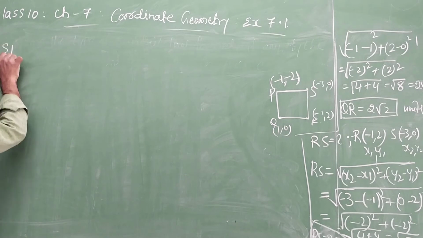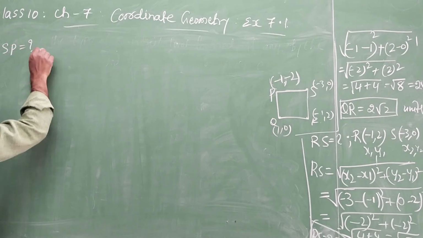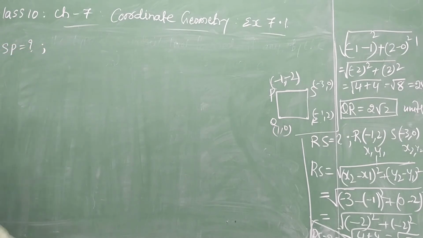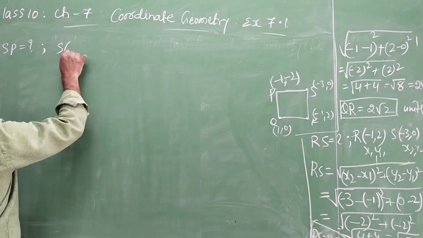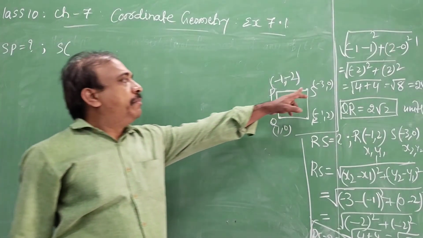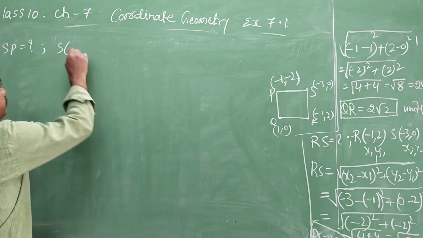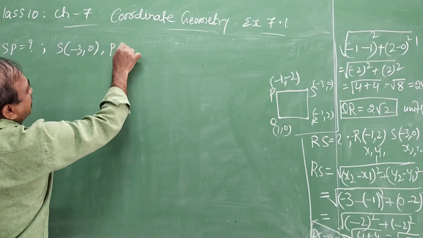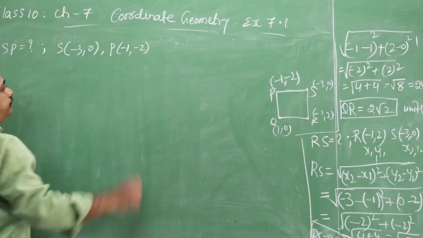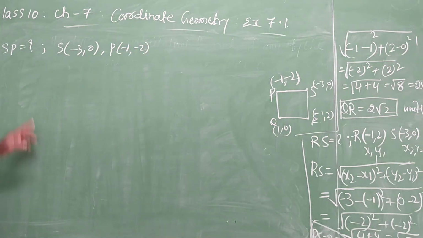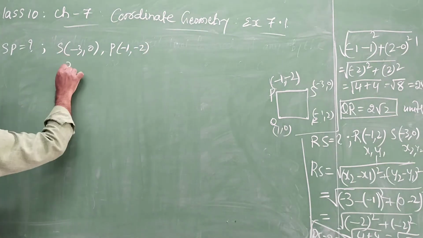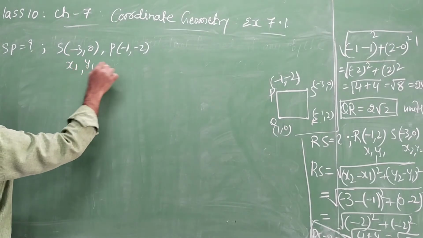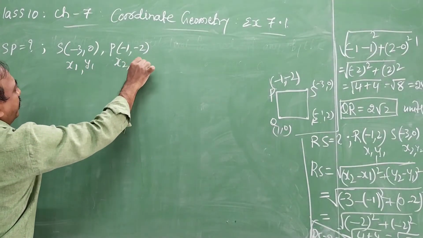So now SP distance we are going to find out. The coordinates of S are -3, 0 and P coordinates are -1, -2. So this is x1 and y1. Here it is x2, y2.